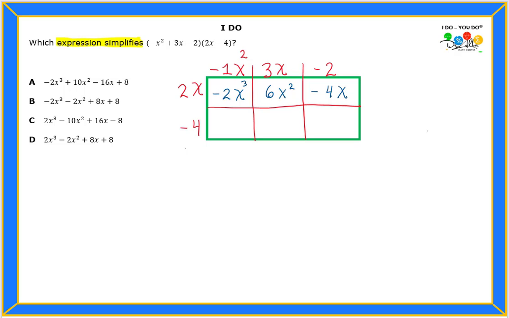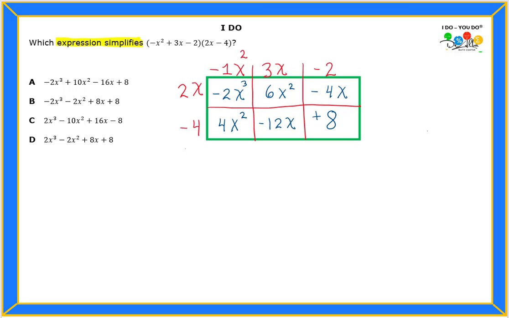Negative times a negative gives me a positive. So I'm going to get 4x squared. Multiply negative 4 times a 3. Well, that's a negative 12x. And then negative 4 times a negative 2 is a positive 8.